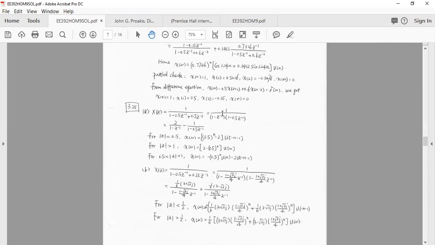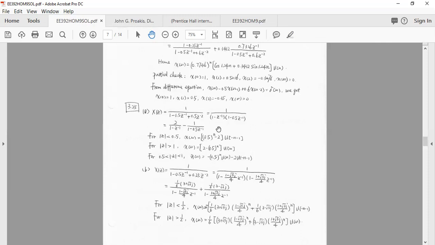So we can rewrite this Z transform in terms of partial fractions as 2 over 1 minus z to the power of -1, minus 1 over 1 minus 0.5 z to the power of -1. This is just performing the partial fraction decomposition of this particular term.